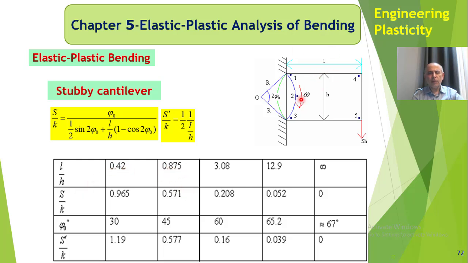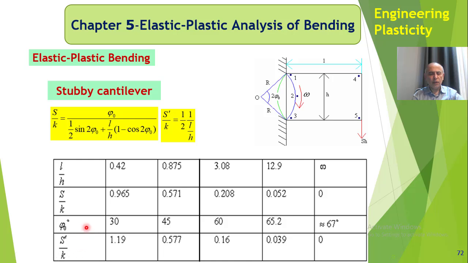So L over H up to here is a stubby cantilever, okay, fat cantilever. But when it becomes 3.08, 12.9, or very big, it is not anymore a stubby cantilever, and it's a slender cantilever, okay, very thin, the height relative to length. So in here you can see how these differ.